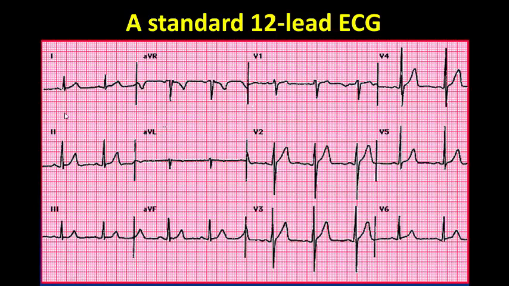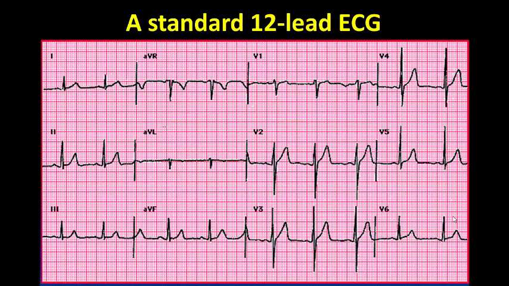These are the 3 bipolar limb leads, lead 1, lead 2, lead 3, and these are the unipolar limb leads, AVR, AVL, and AVF, and these are the unipolar chest leads, V1, V2, V3, and here we have the V4, V5, and V6.